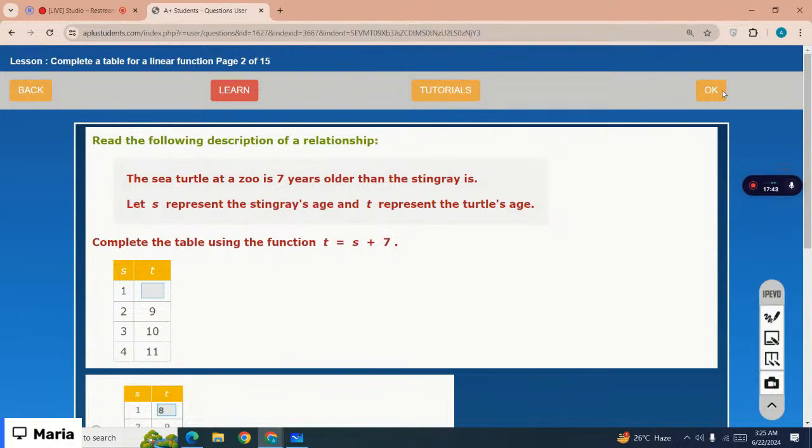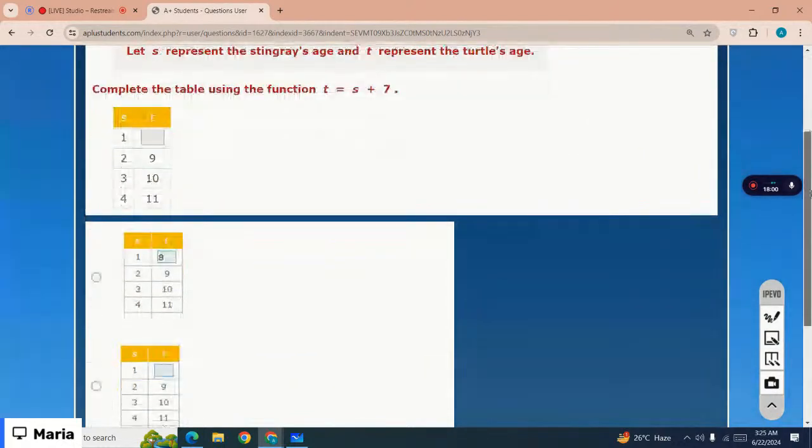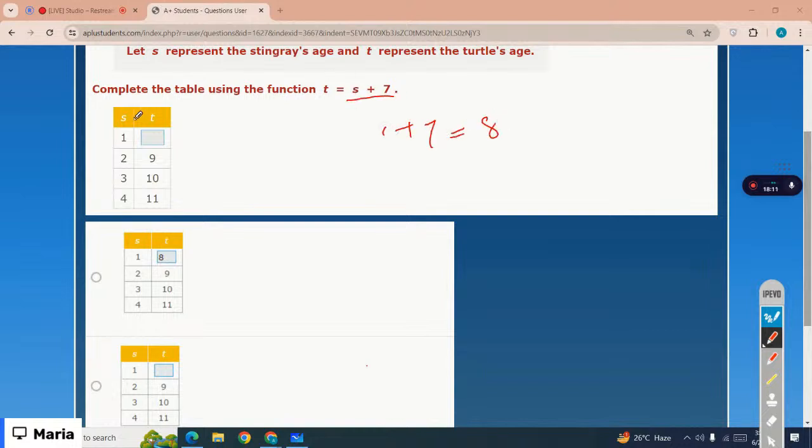Complete the table using the function T equals S plus 7. So you need to calculate the value of T when S equals 1, right? Substitute S equals 1. So we have 1 plus 7 that equals 8. That means when S equals 1, T equals 8.